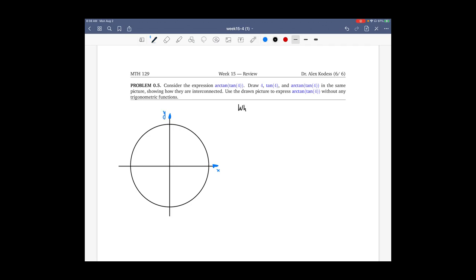That is the central question here. Well, all you need to do is compare the angle of 4 with pi.